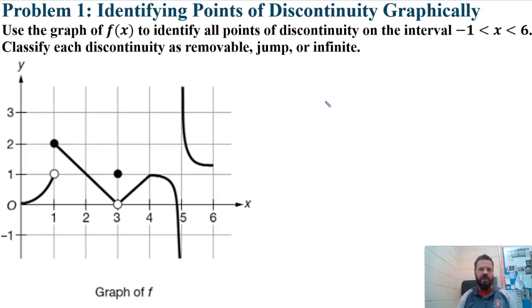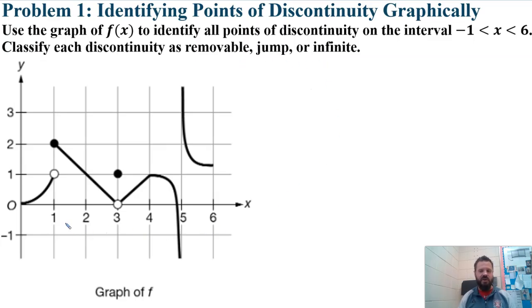All right, so let's take a look at what continuity looks like and also discontinuity. Problem 1: use the graph of f of x to identify all points of discontinuity on the interval -1 to 6. Classify each discontinuity as removable, jump, or infinite. So anytime we have a point of discontinuity, there'll be something additional we can say about it.